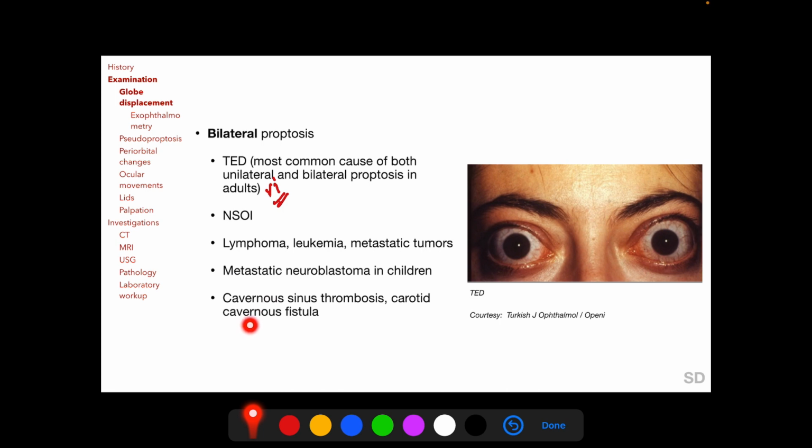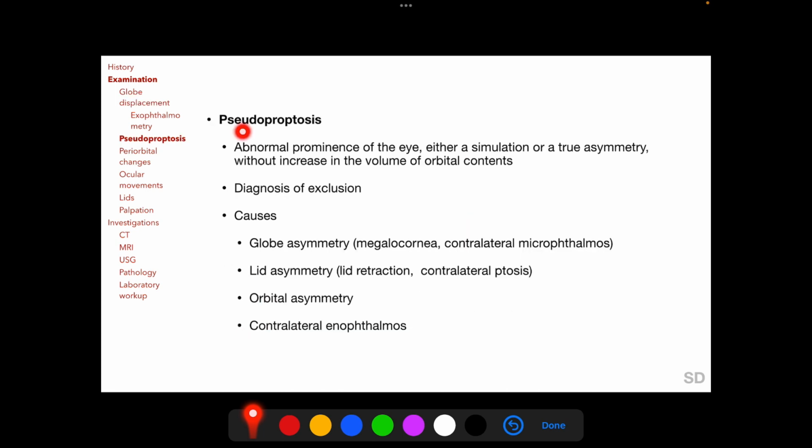Pseudoproptosis is an abnormal prominence of the eye, which is actually either a simulation or a true asymmetry without an increase in the volume of orbital contents. So in pseudoproptosis we have prominence of the eye without an increase in the volume of orbital contents, and pseudoproptosis is always a diagnosis of exclusion when we have ruled out an orbital lesion.